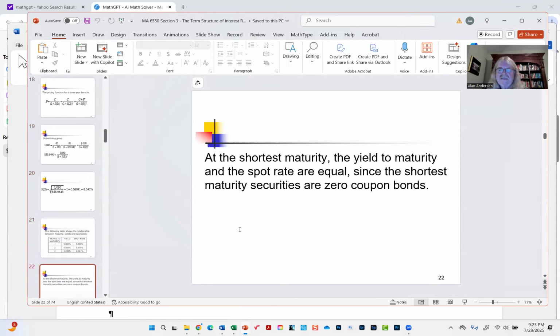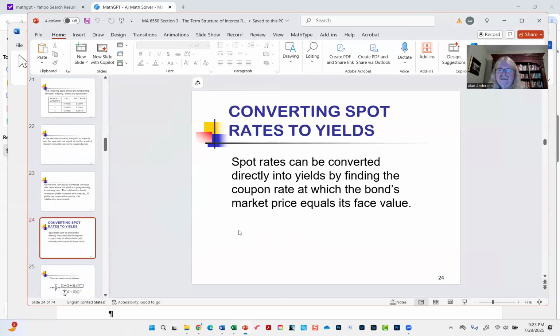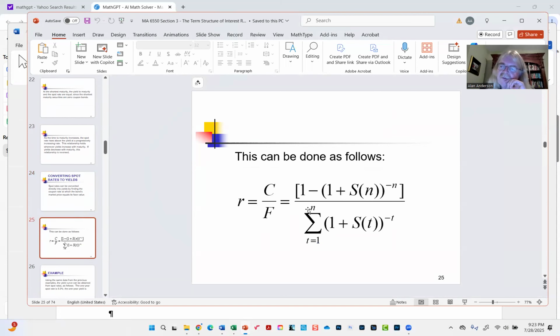Now you can convert spot rates into yields, although I would say this is not nearly as important. And here's the formula. I think we'll skip over this for now because the yield curve is what you see in the marketplace, and then you can convert it into the corresponding spot rates.